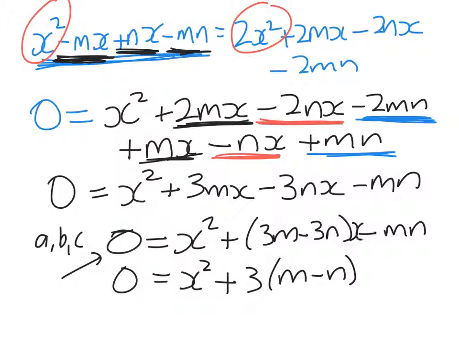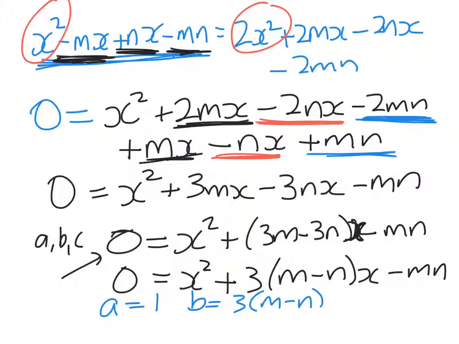Oh, I've lost an x up there too before someone sends me an email. There we go. There's the x. So identifying now my a, b and c: a equals 1, b equals 3 times m minus n, and c equals negative mn. So now we're good to go.